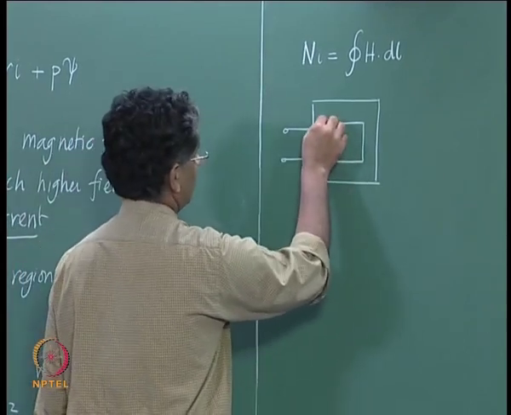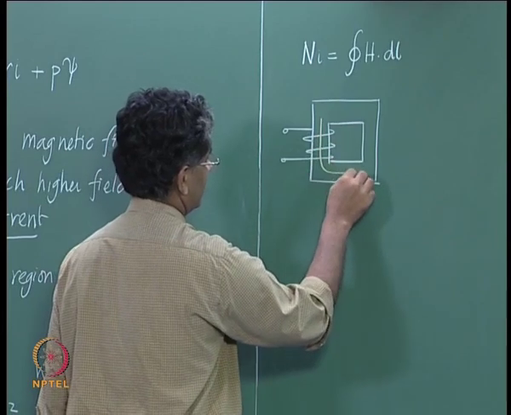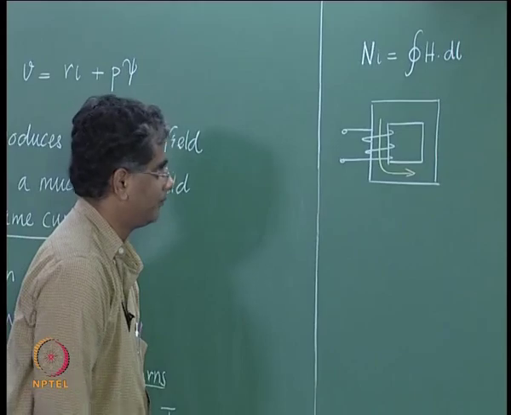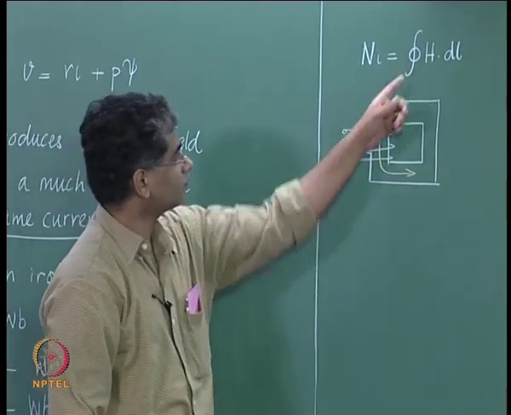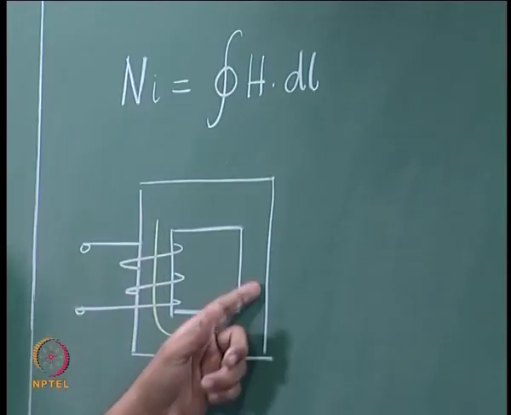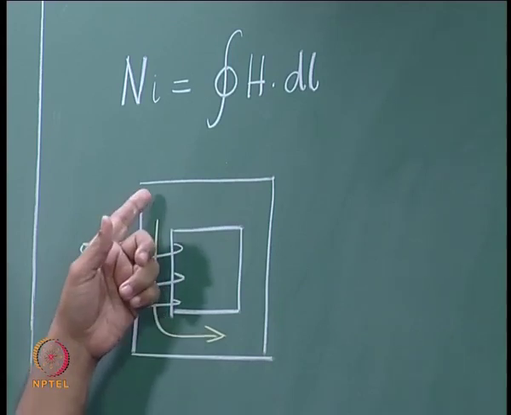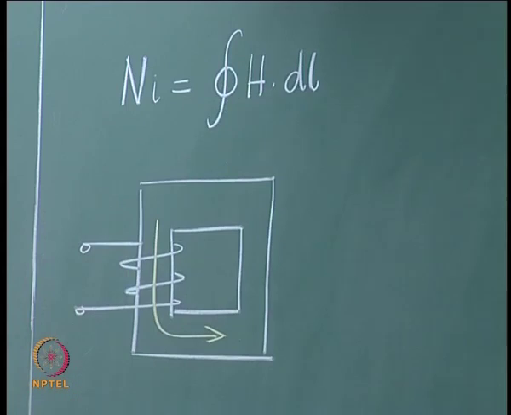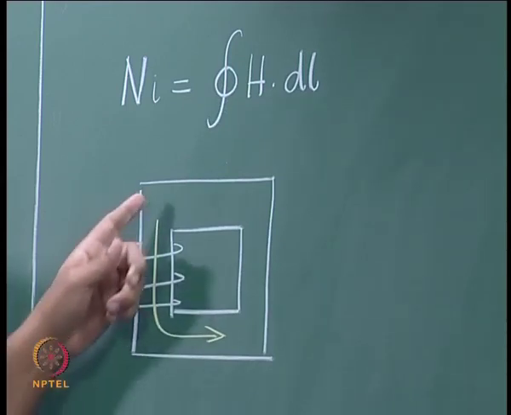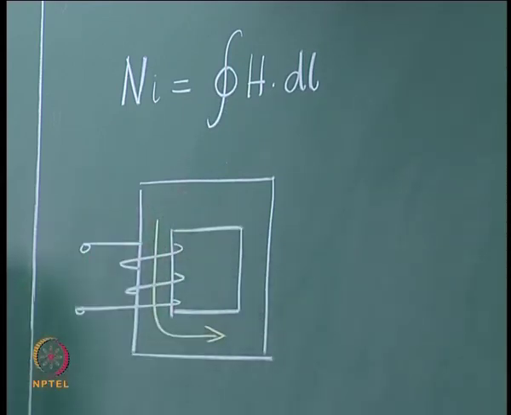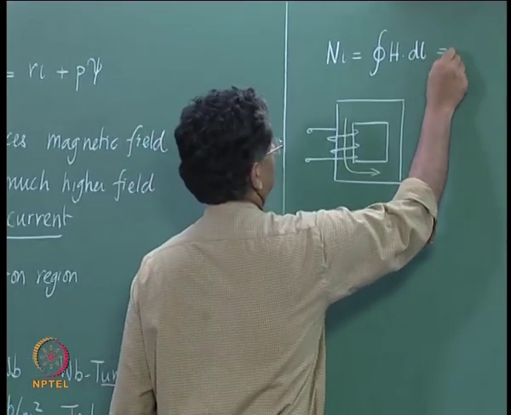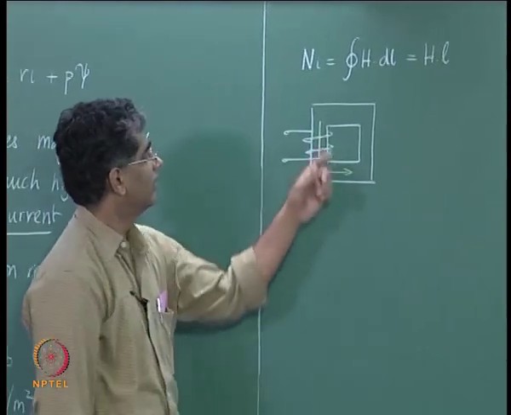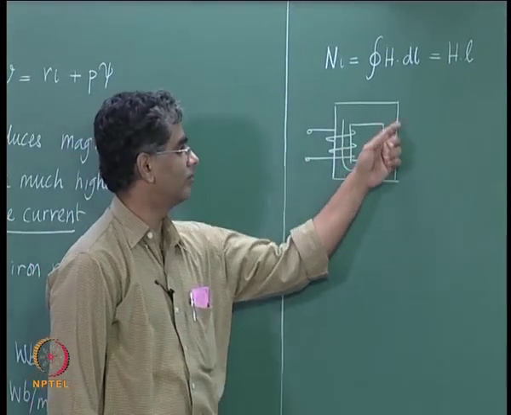You have magnetic flux lines that are going around, and if you now define a loop that goes around this field, around the line of magnetic flux, then H dot dl simplifies to H into the length of this path, and therefore this is the same as H into L, provided the flux density is uniform everywhere.